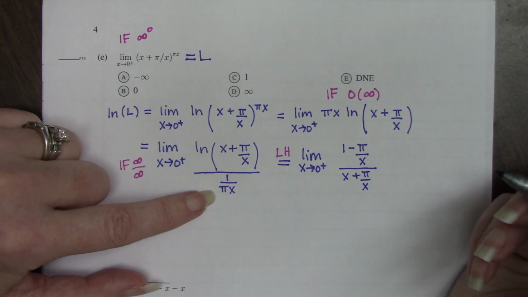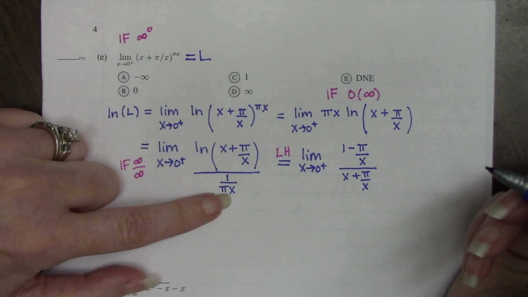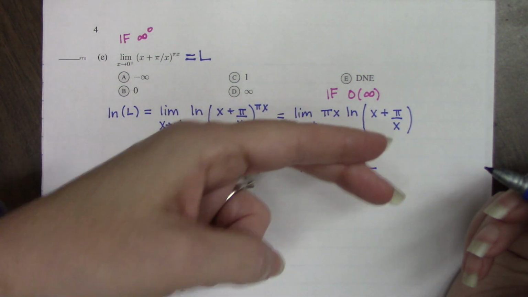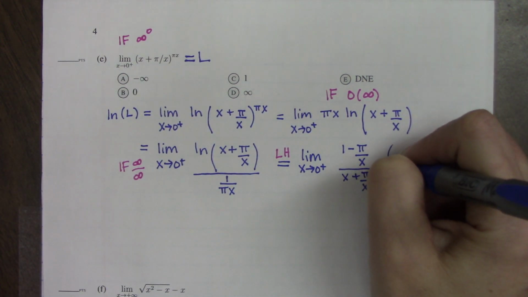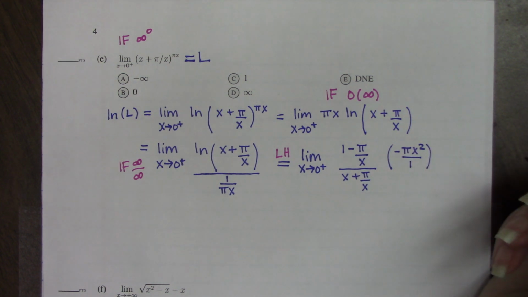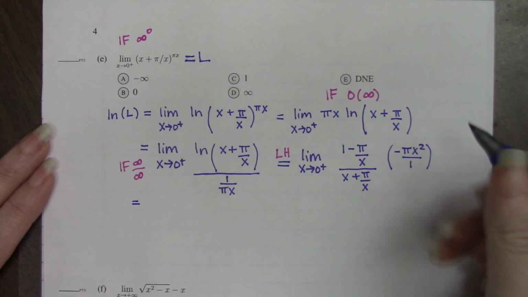The derivative of the denominator is going to be negative 1 over pi x squared. So rather than putting another fraction down here, I'm going to multiply times the reciprocal. And so negative 1 over pi x squared becomes negative pi x squared over 1 when we flip it. So now I'm going to clean this up a bit and see what happens.